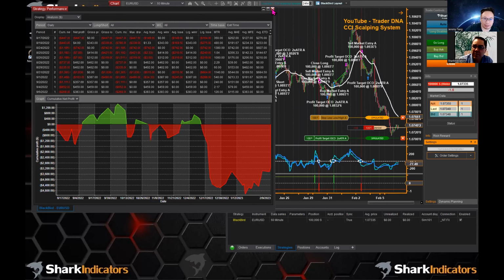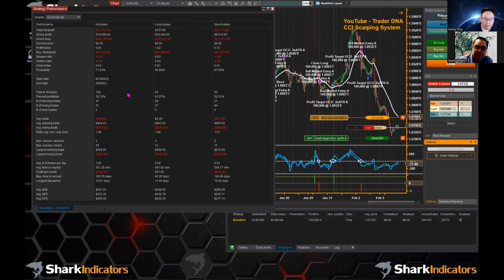Actually, this is just the baseline analysis, but go back to the summary for a second. I just want to comment on the percent profitable versus the average winning versus average losing trades. Generally speaking, you have a spectrum when it comes to trade systems. You have trend following trade systems, which are usually a little bit more risky.